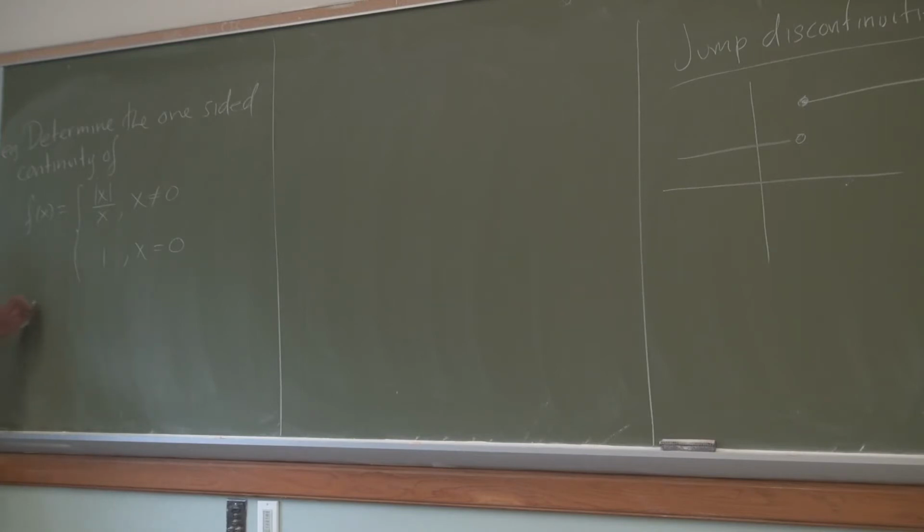If you look at coming from the right side of 0, of f of x, you're taking the limit as x approaches 0 from the right side of absolute value of x over x.